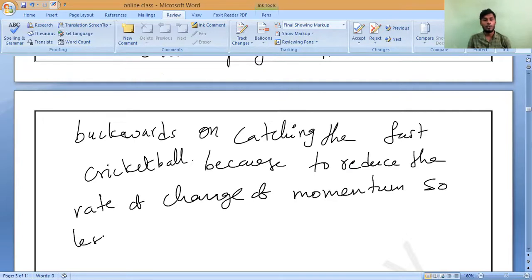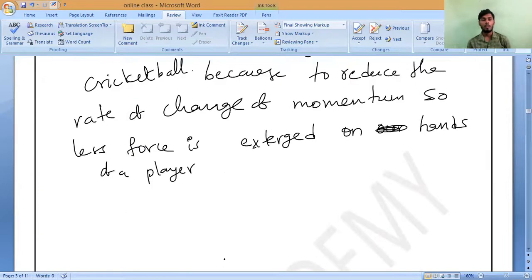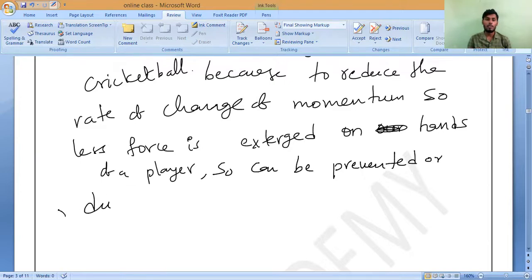So less force is exerted on the hands of a player, so he can be prevented or protected from injury. Do you understand, Ra? Yes, sir. Note it down, all of you. That is the first application.